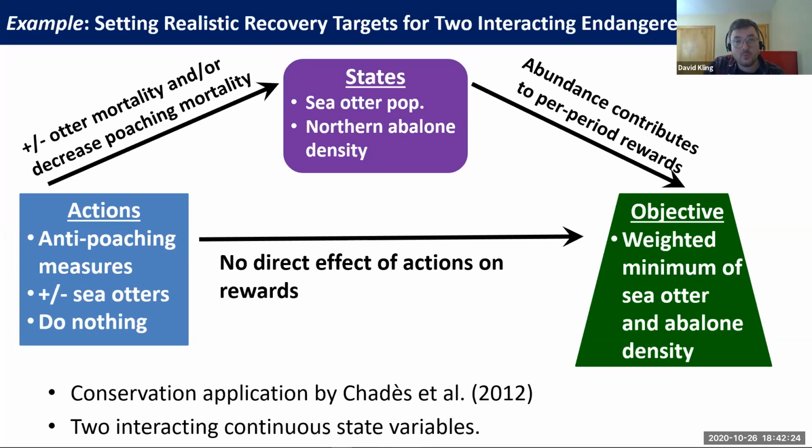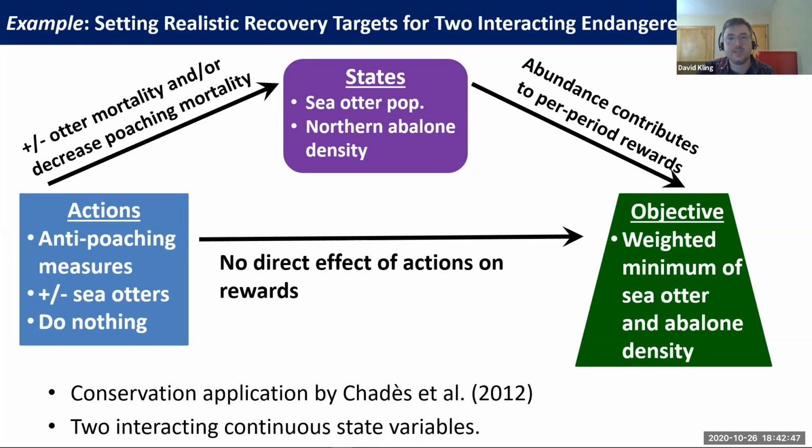And what I liked about what Iadine did here is that this is an example, going back a little ways, of the very common context where you have multiple objectives. How do you compare the persistence of abalone and the persistence of sea otters?